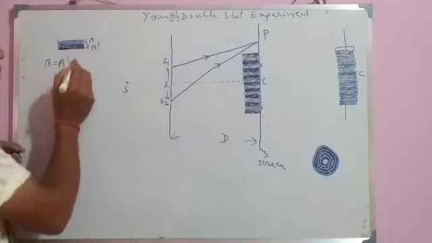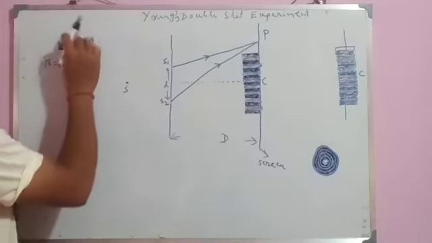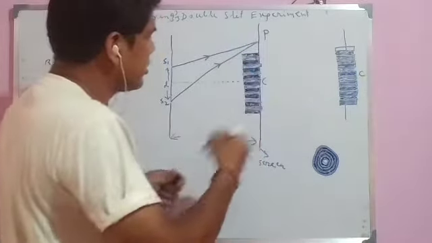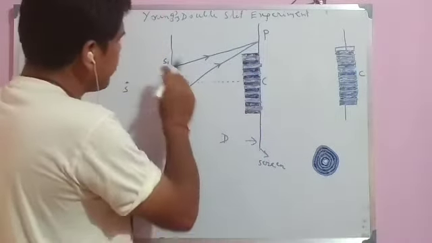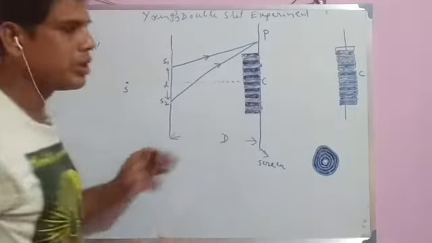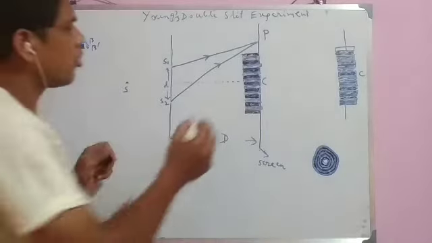Dark means black, which we have denoted by black. Fringe means bands of color. If you use blue light, at the center of the screen it produces a bright fringe, and the color of the bright fringe is always blue.